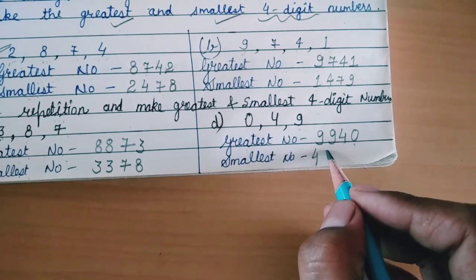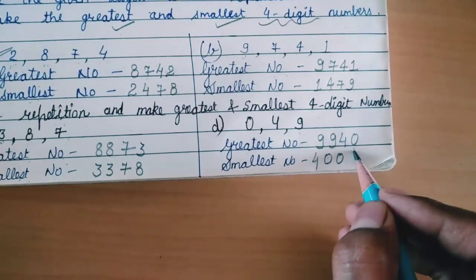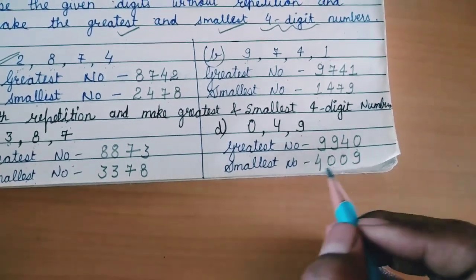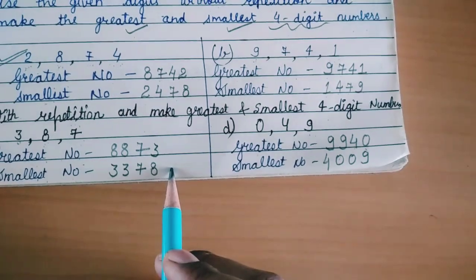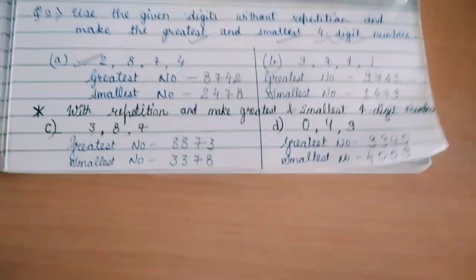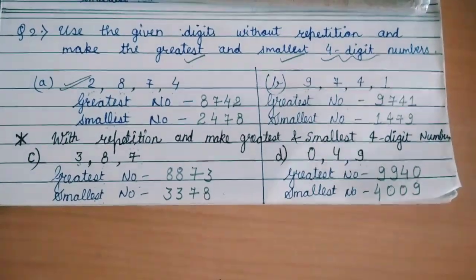So the smaller one is 0. So 0 we will use 2 times, and at the end we will use 9. You can simply see they all have 4 digits. So here we completed making any digit number from the given numbers, without repetition or with repetition.